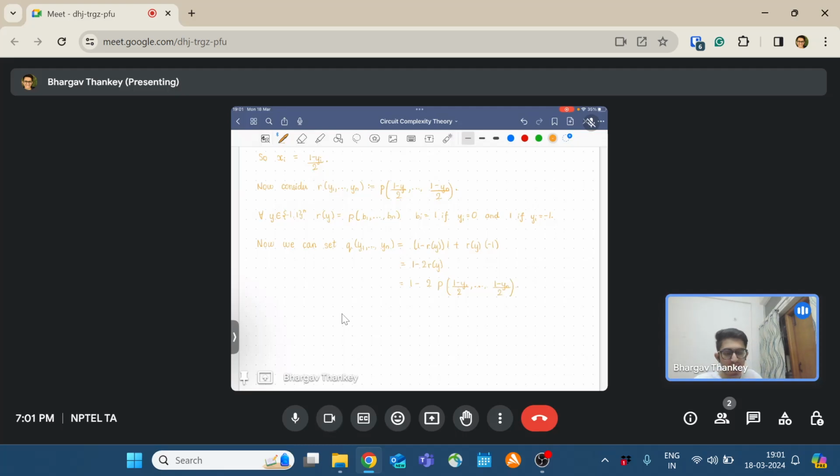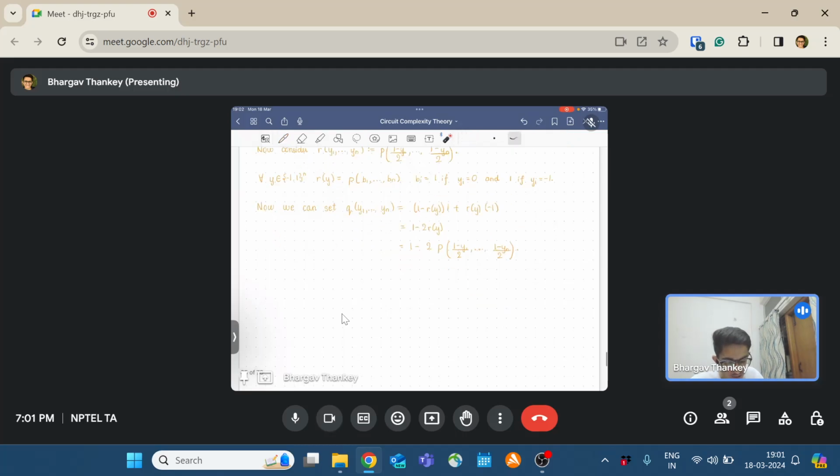Yeah. So this is the desired polynomial. Why? Because suppose you plug in the all one string, then that would become all zeros over here. And suppose that the value of p, the polynomial, was 0, then you would get 1.